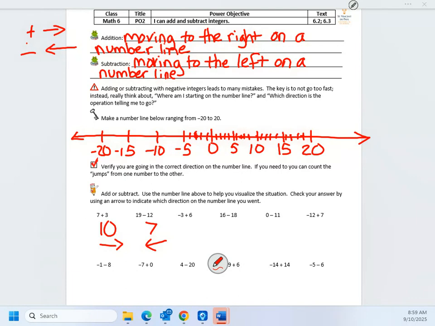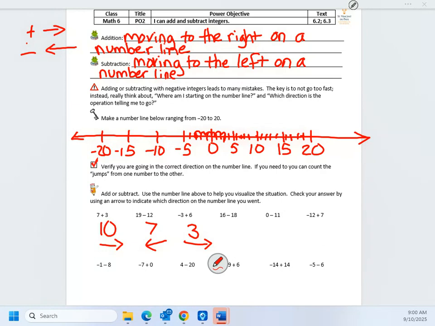So I'm gonna go over 1, 2, 3, 4, 5, 6. So I end at a positive 3. So using that number line really helps you see, working with those negative numbers, where you're going to end up. So use that number line, put the arrow so you make sure you know which direction you're going.